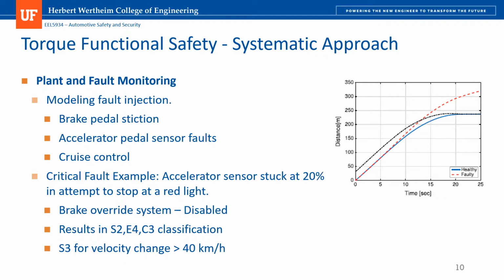So you can see on the right that the blue line is the normal scenario of your time to brake versus distance, and the dotted red line is the 20% accelerator stiction level, where you would take a lot longer to stop the vehicle if the accelerator was also stuck at 20% while trying to brake.